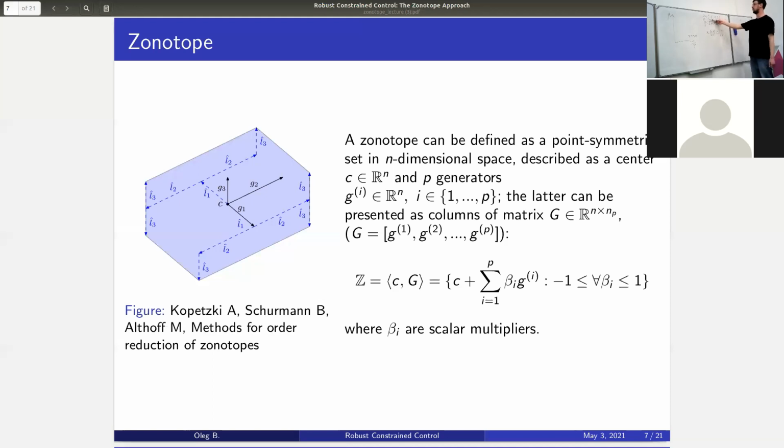It describes the possible difference in Q, and 0, 0.1 for Q dot. First we take this vector and build the set with multiplication, the combination of these vectors with coefficients from -1 to 1.